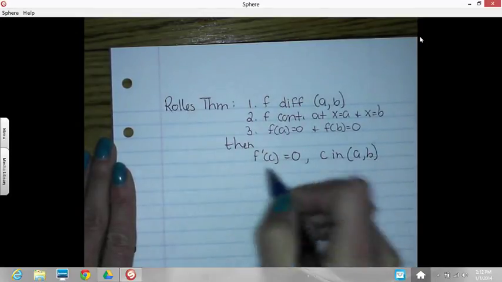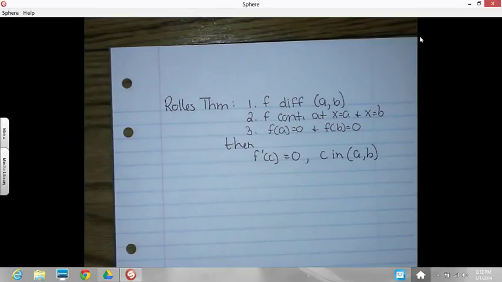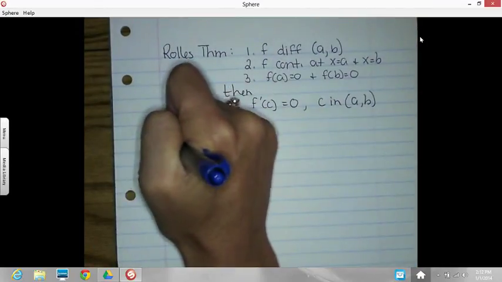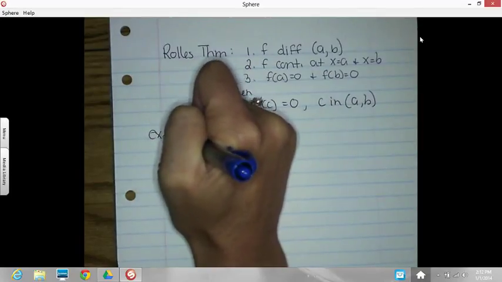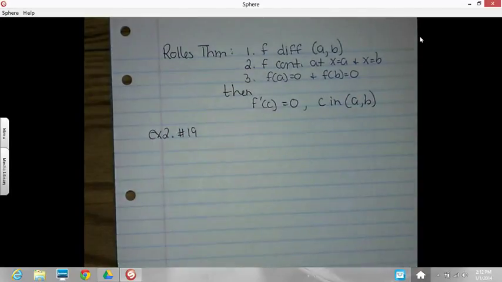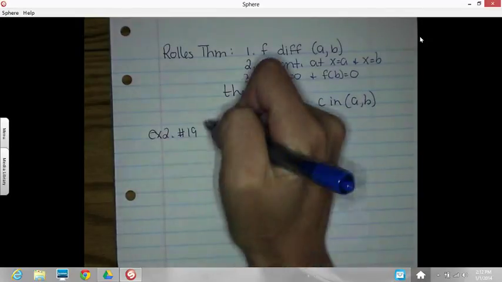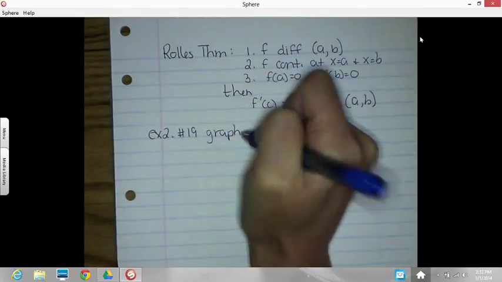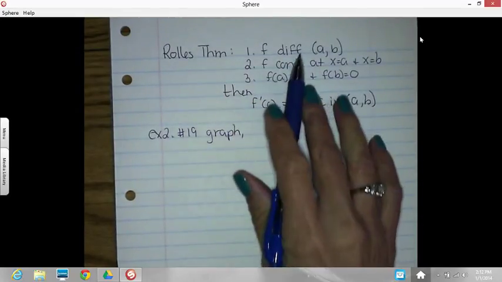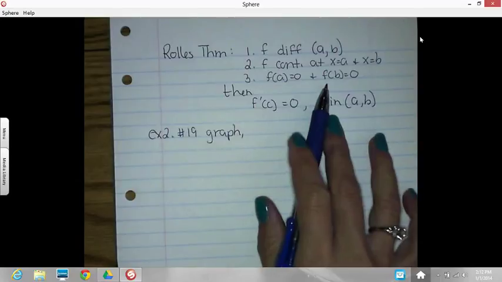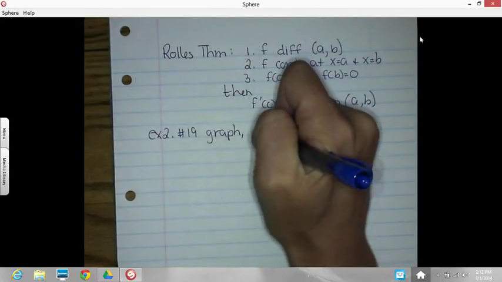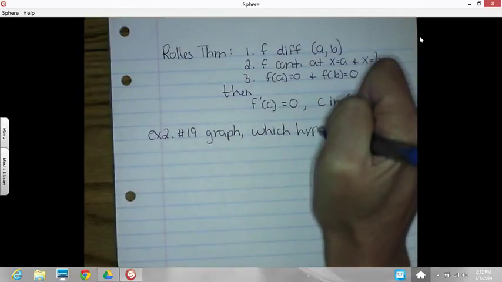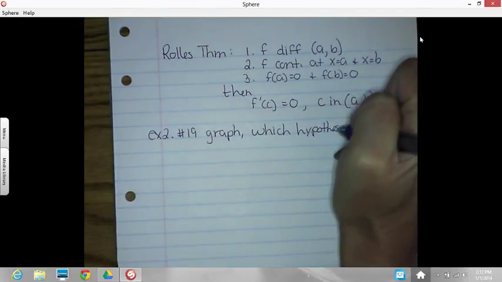That was our conclusion. All right, the chunk of problems in the book, I'm going to do number 19. It asks you to do three things for each problem. Sketch the graph. State which of the three hypotheses are not met, if any.